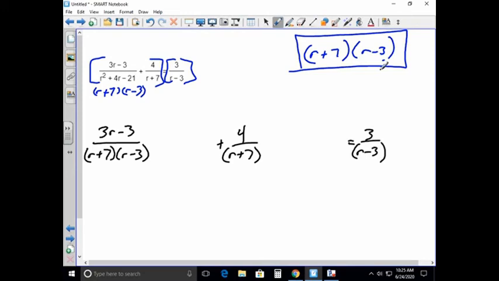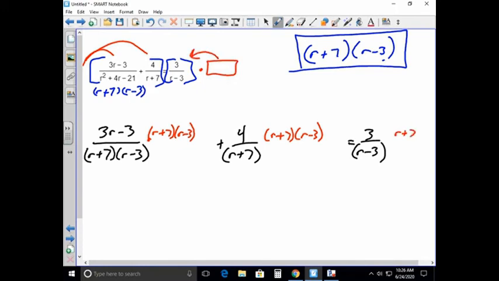So we're going to multiply all of those terms by r plus 7, r minus 3.